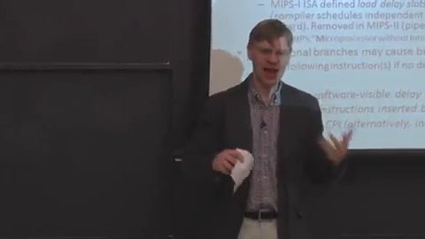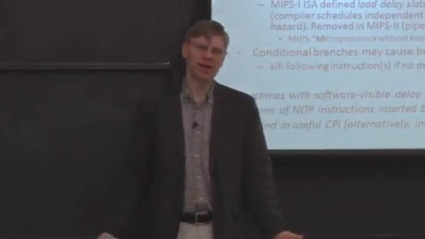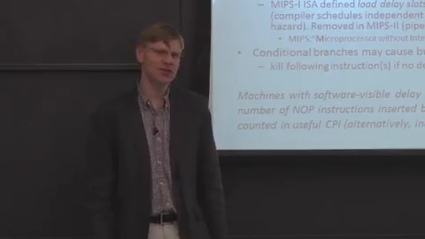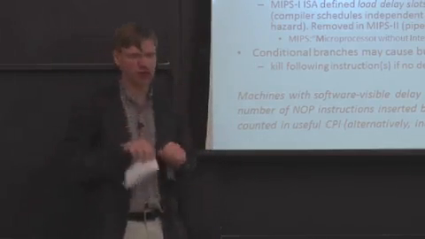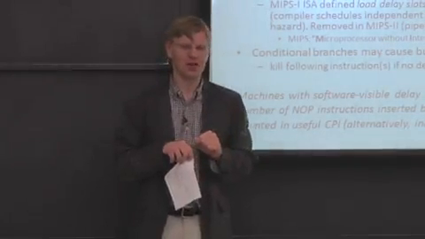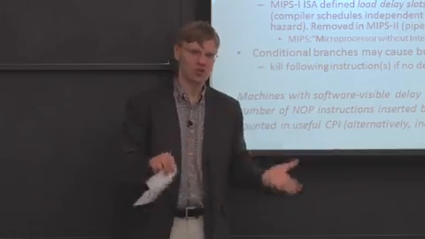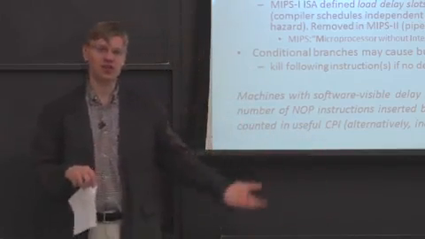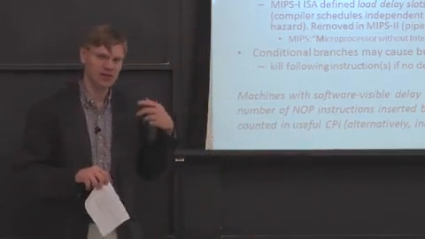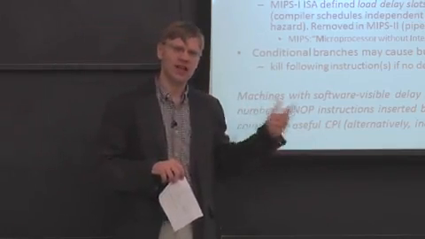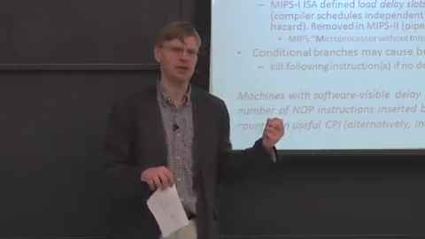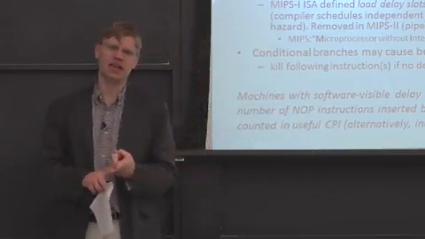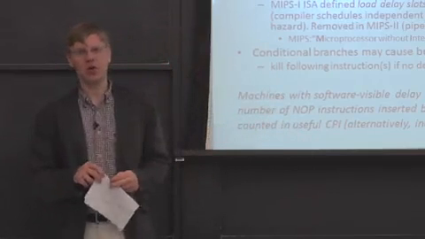So if you are adding no-ops to your program and the no-ops are not doing anything useful, that should not go into your useful CPI calculation. Your machine might count that as valid instructions going down the pipe because they were software visible instructions, but that's not a good solution. When you compute CPI, you should always be thinking about useful CPI, or CPI that's actually towards the end goal of the program.